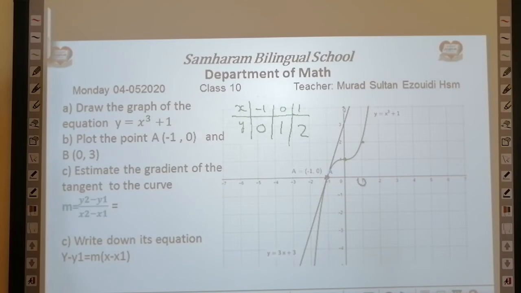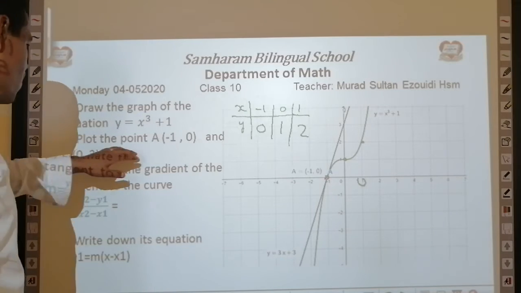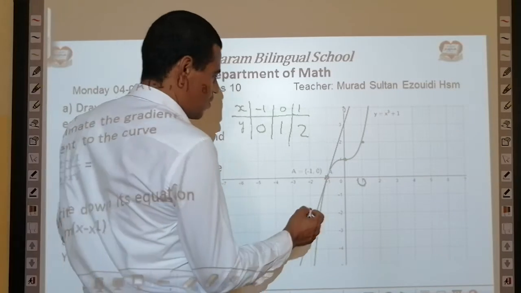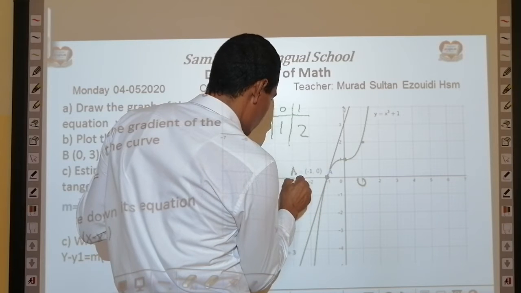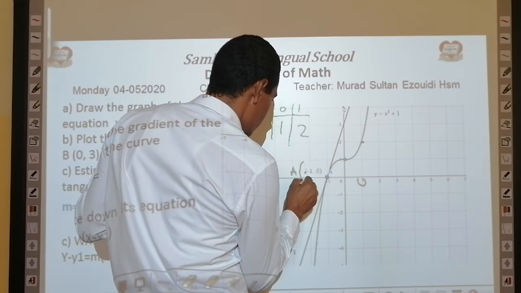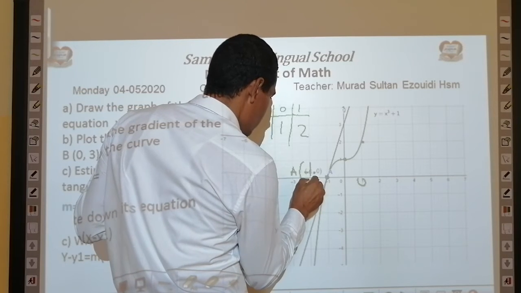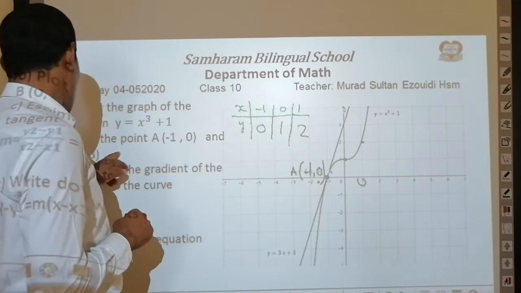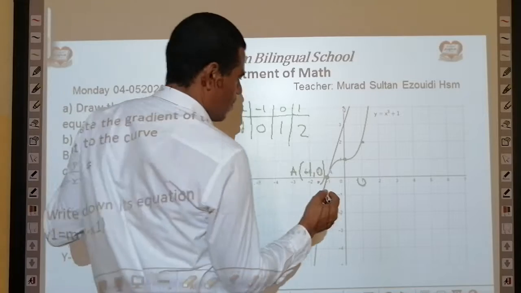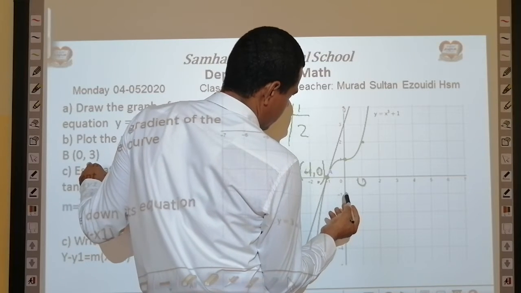Now we try to plot these points on this. The point A, of course, is negative 1, 0. Where is negative 1, 0? This one. A of coordinates (negative 1, 0). This is the point A. And the point B is (0, 3)... B is (0, 3).